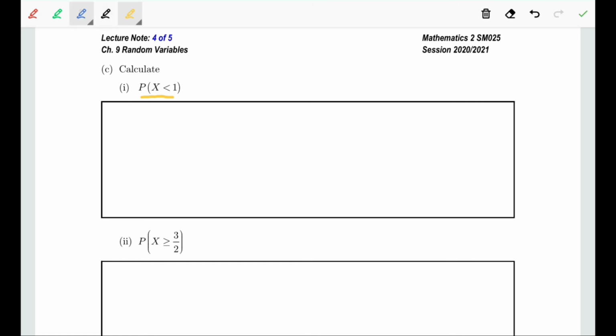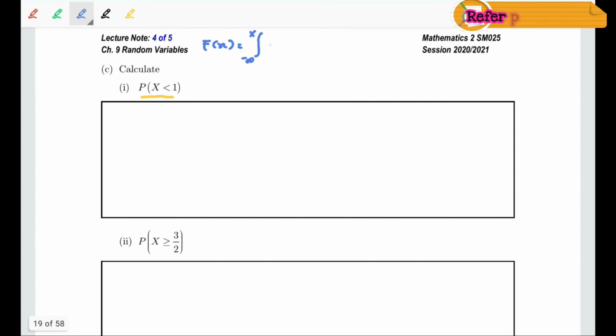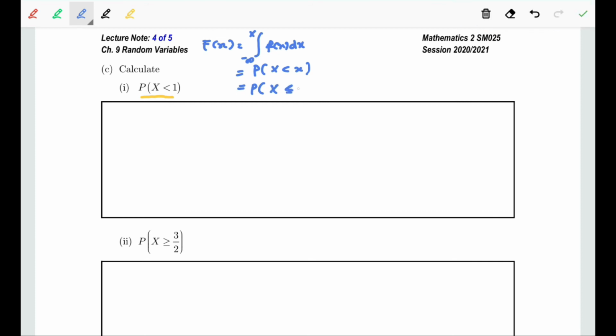When it comes to a continuous random variable, you have to know that the capital F of x, which is the CDF, equals the integration from negative infinity to x of the function f of x dx, which is equivalent to the probability of X less than or equal to x.